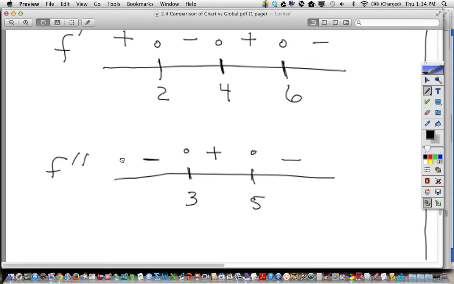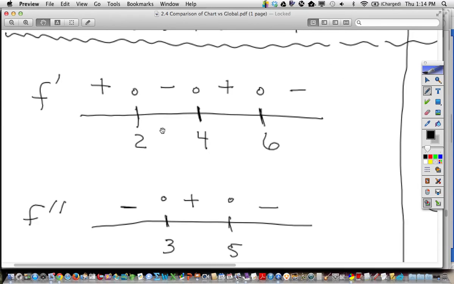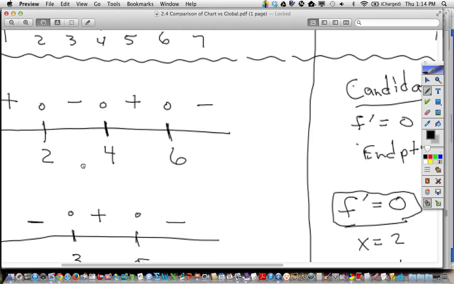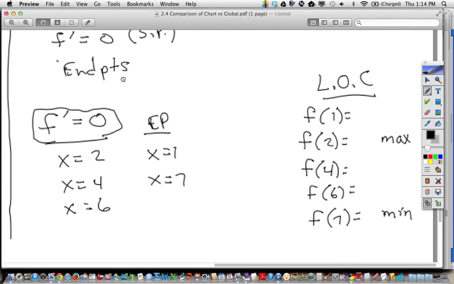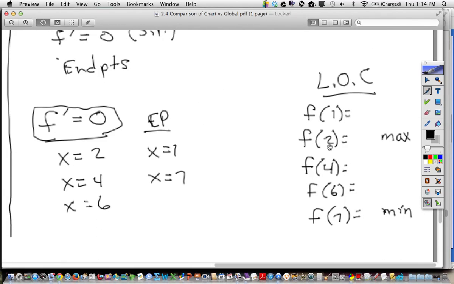On the chart we plugged into f prime because we wanted to know if f prime was positive or negative for increasing and decreasing. That's not what we care about here. What we care about on a global max min problem is what f's outputs are. So we're going to take all of our possible places where the high and low spots might be, plug those into the f function, and the highest one will be our max, and the lowest output will be our min.